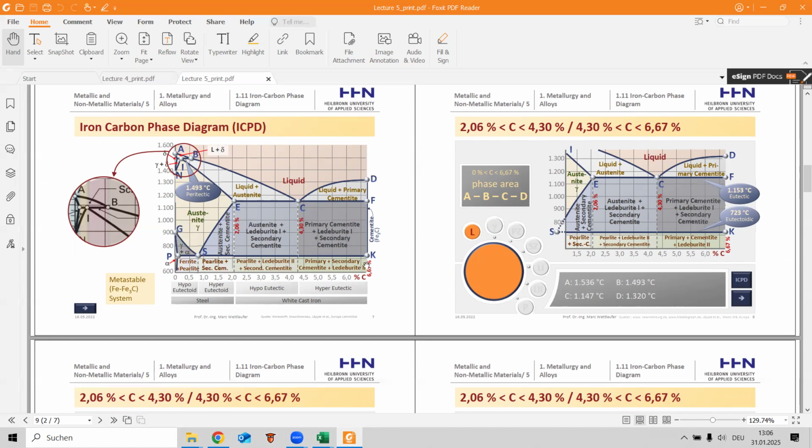Here we have the cementite. Then we have ferrite and pearlite, pearlite and secondary cementite, pearlite, ledeburite 2 and secondary cementite, primary and secondary cementite, and ledeburite. Here it is divided into behavioral ranges: hypereutectoid, hypoeutectoid, hypoeutectic and hypereutectic.